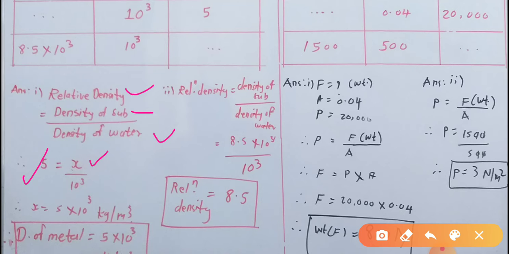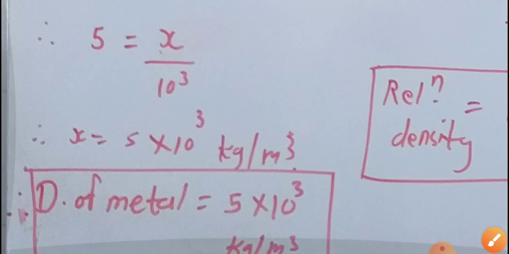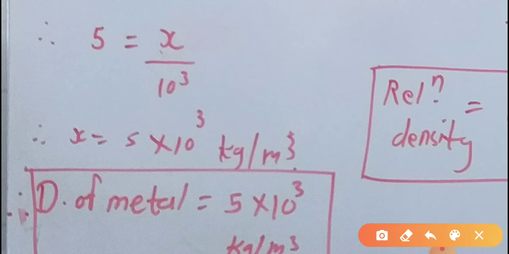Now we have to find this x. So take this 10 raised to 3 to this side, and it will be multiplied with 5.